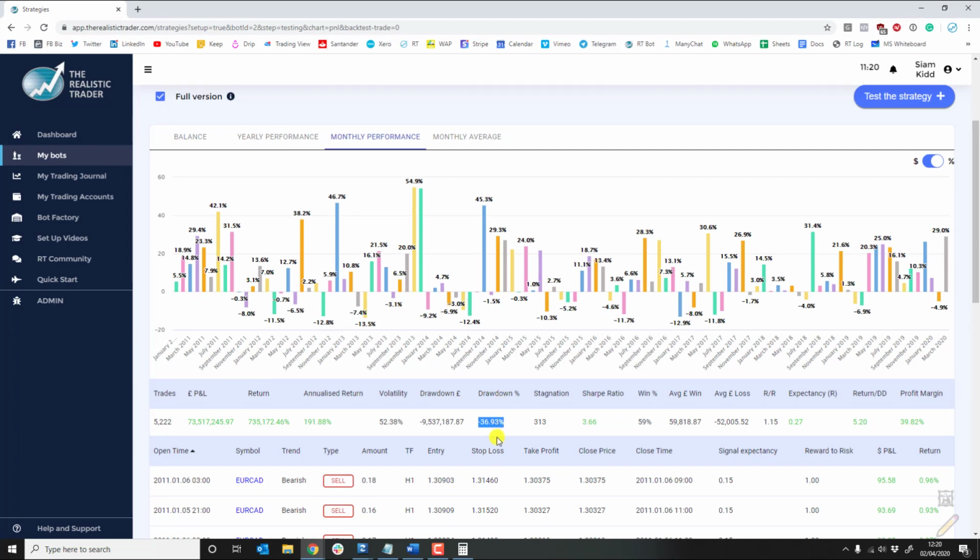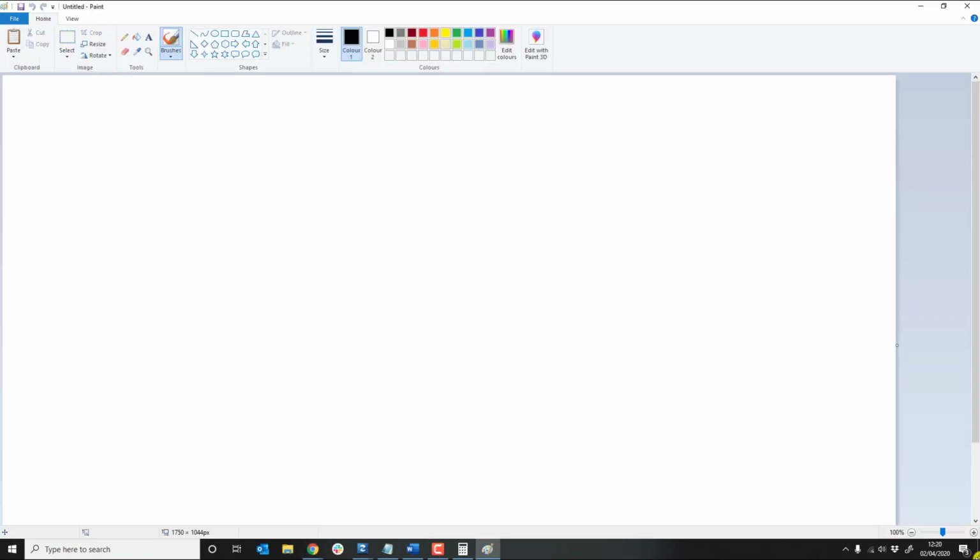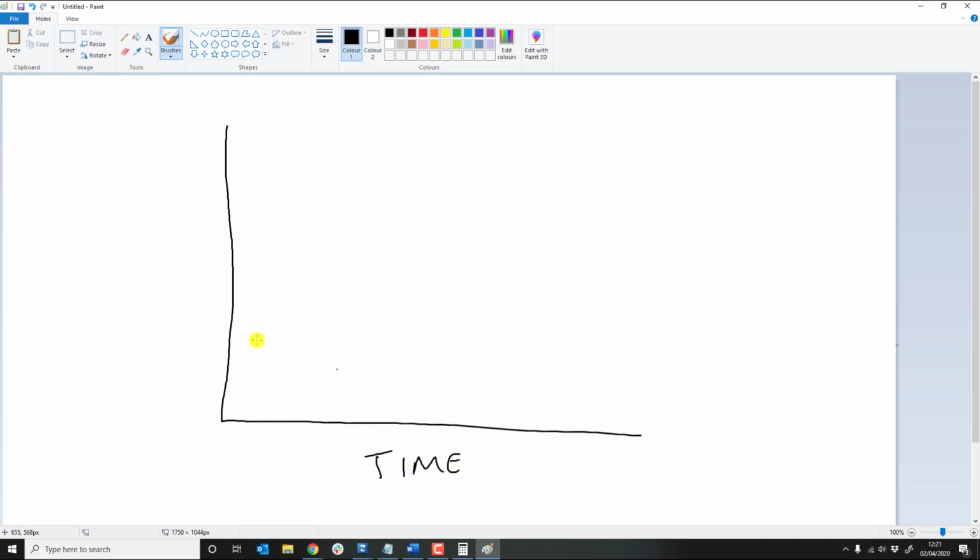This is basically showing you that over the last 9 years, the maximum drawdown from peak to trough is only 36.93%. What this means, if I just get my pen out here and draw, let's say this is time, and this is your account equity.